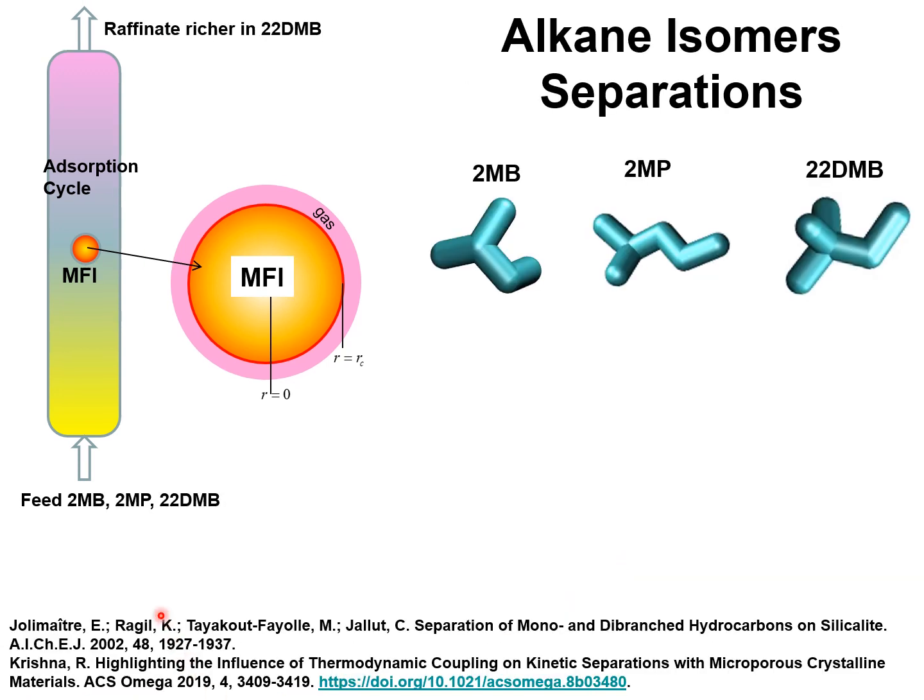The experimental data that I will be analyzing in the subsequent slides consists of a feed mixture of 2-methyl butane, 2-methyl pentane, and 2,2-dimethyl butane in a fixed bed adsorber packed with MFI zeolite. The product leaving the adsorption device is a raffinate phase that is richer in the di-branched isomer that has a higher octane number.